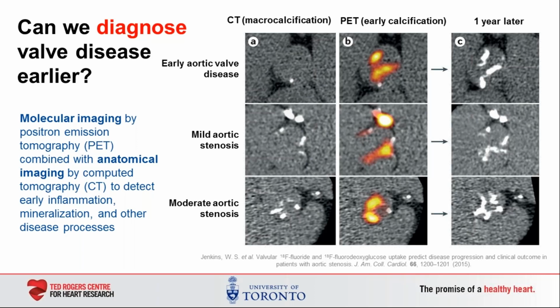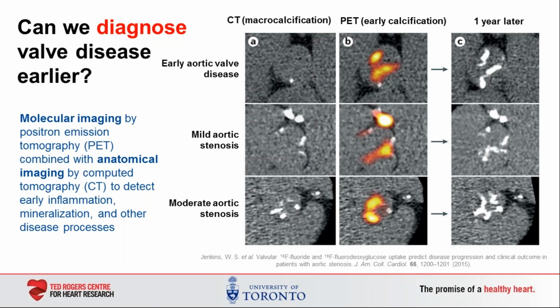The middle panels show what the PET imaging would show, and this is now detecting a molecule that binds to much earlier stages of calcification. So it's predicting where calcification will occur. And if you look at the rightmost panel, which shows what's happened one year later, you can see the areas that were highlighted with the hot yellow and red colors by PET imaging have now become calcified under CT. They've become white calcified areas.